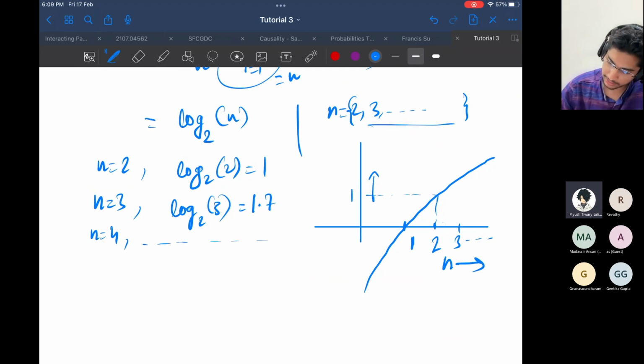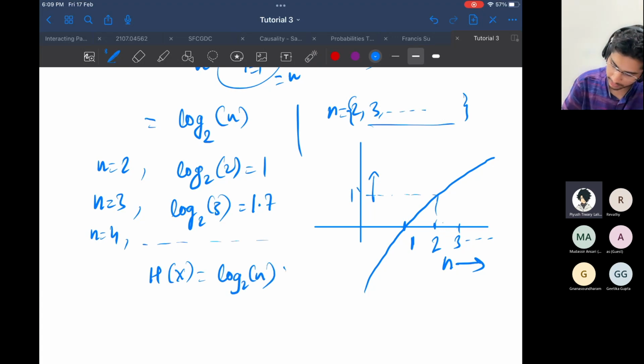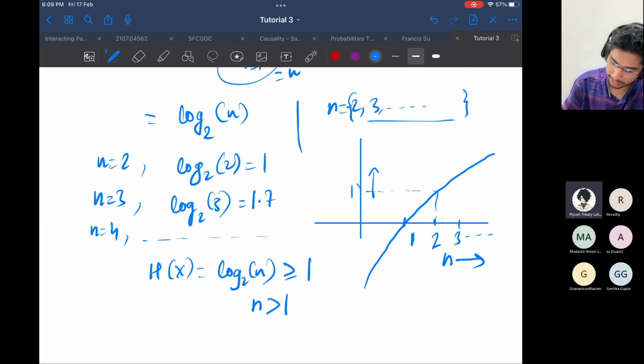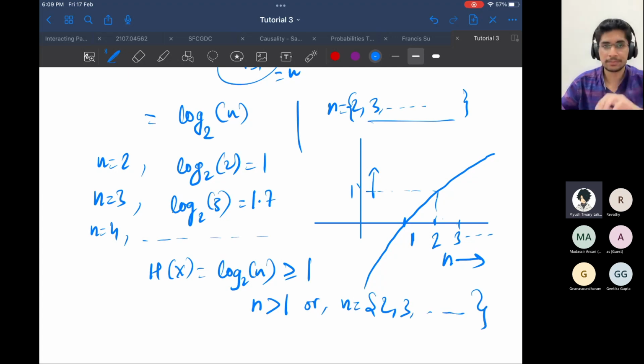If I keep increasing my n, it will only take values that are greater than 1, right? So I hope you will agree that h of x, which is equal to log 2 of n, will only be greater than or equal to 1 if n is from this set 2, 3, things like that.